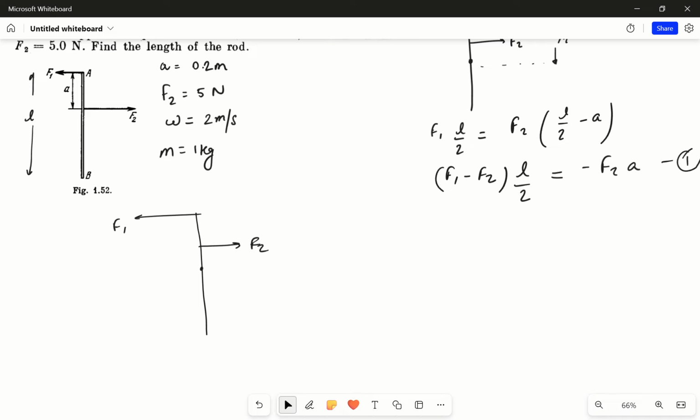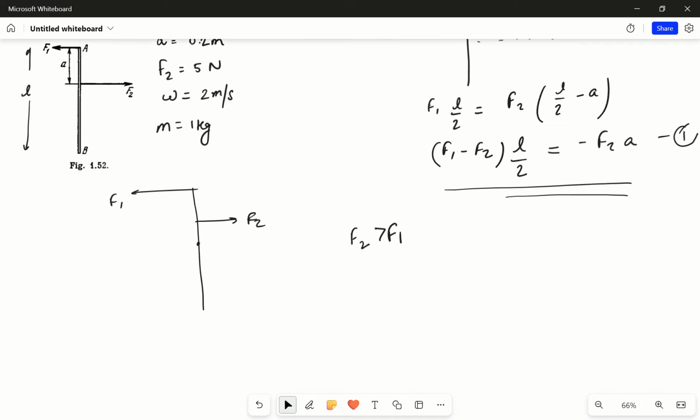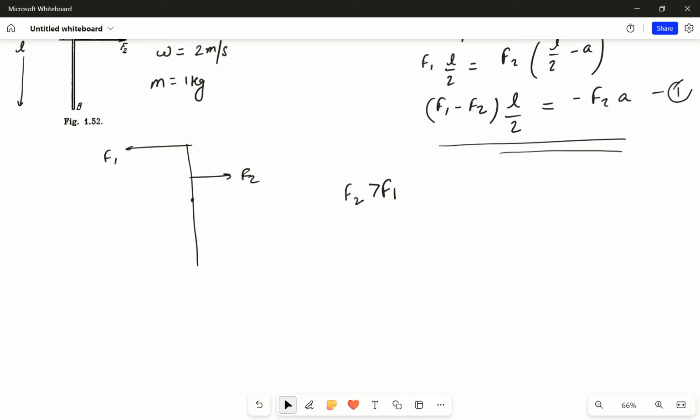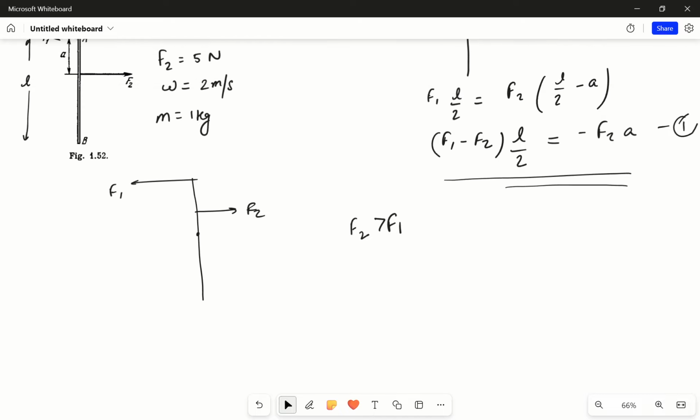You can observe this from the equation, but let's try to observe it from the diagram. I am asserting that F2 would be greater than F1. If you are able to find out why, then that is great, but I will also be explaining why.